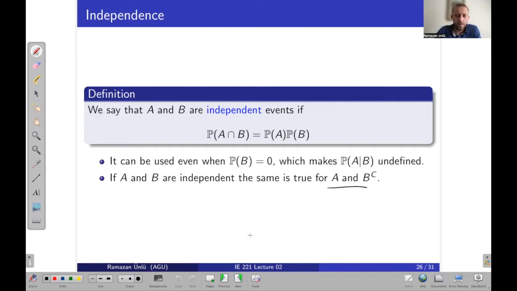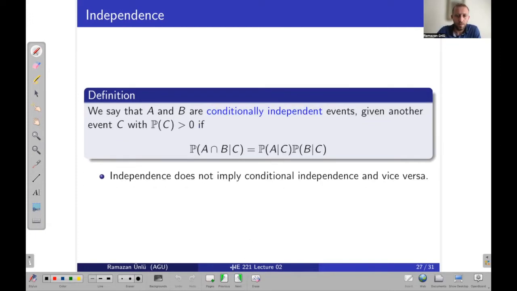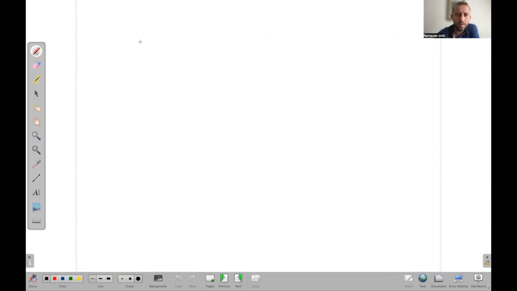Okay, so let me give you an example. We have a four-sided die.